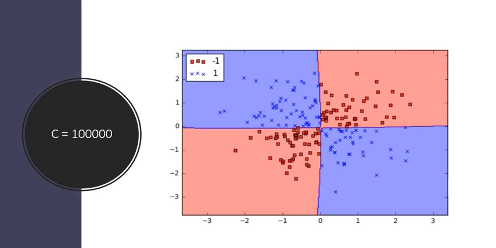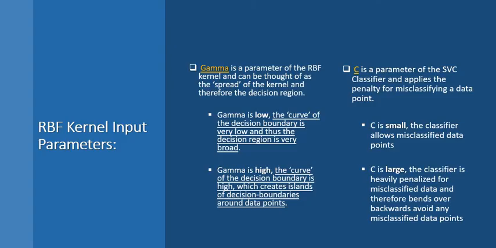And this is an incredibly large number of C. But you can see here the decision boundary is still the same. However, it's more concerned with misclassification of the points between the two classes. So manipulating the C does not influence the decision boundary. What it does is try to prevent this misclassification of the data points, keeping the curve on the same boundaries as it is.